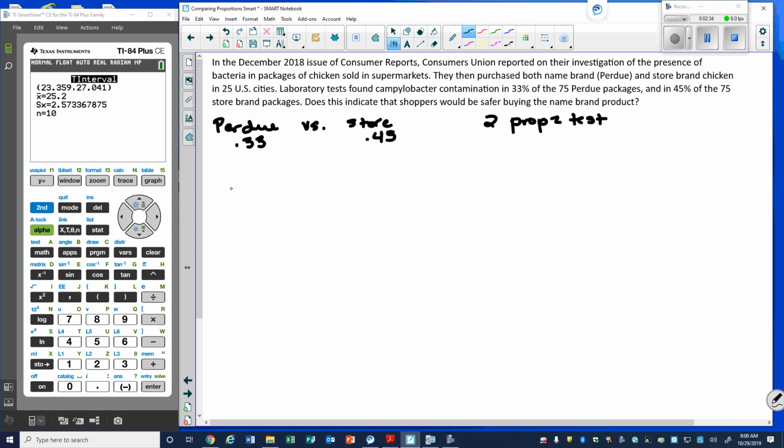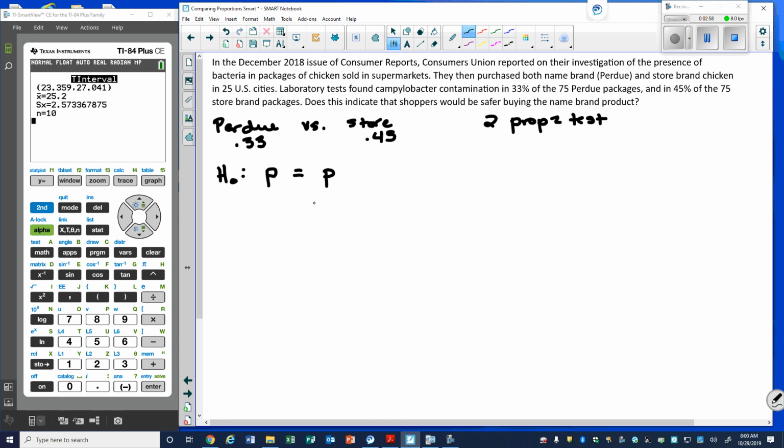So for my hypothesis, it should reflect these two different proportions that I found in my problem. For my null hypothesis, my parameter of interest is the true proportion of contaminated chicken, and we have to represent both of the proportions for each group.